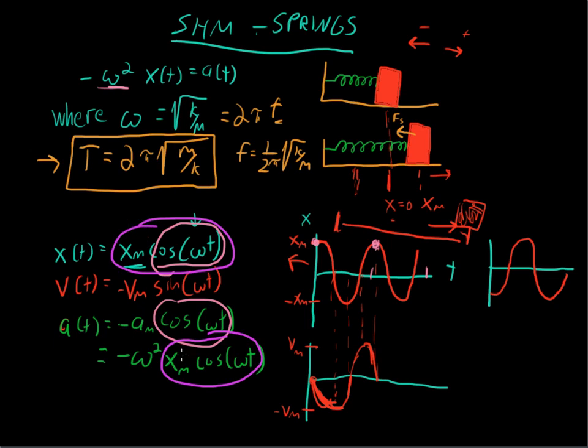So x of t is x max cosine omega t. Great. If I take that and I multiply it by omega squared, I get the acceleration function. So these functions right here really account for all of the motion that we see very nicely, and they also account for the result that we get out of the derivation that I previously did.